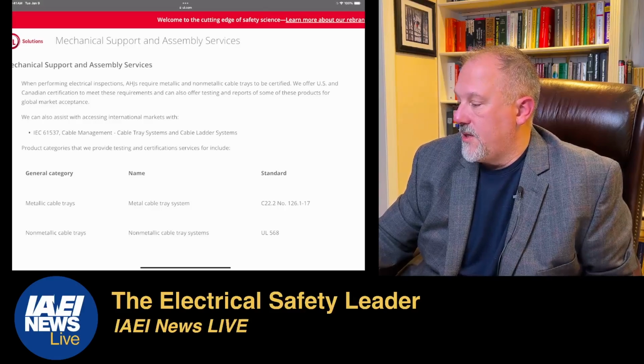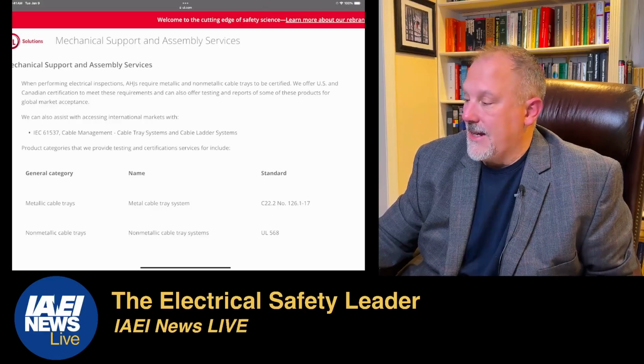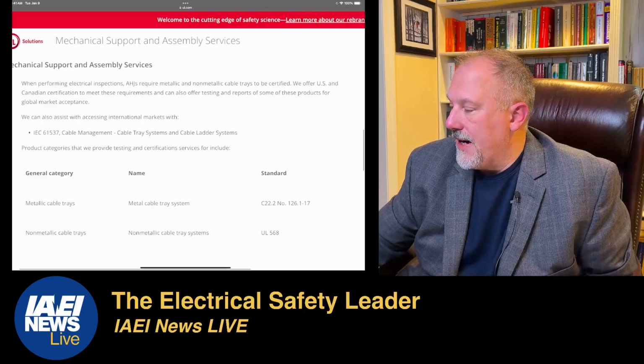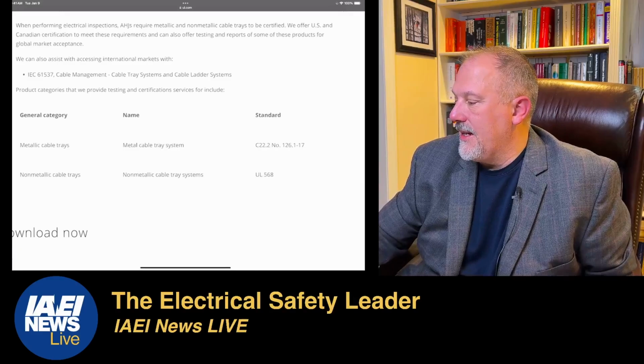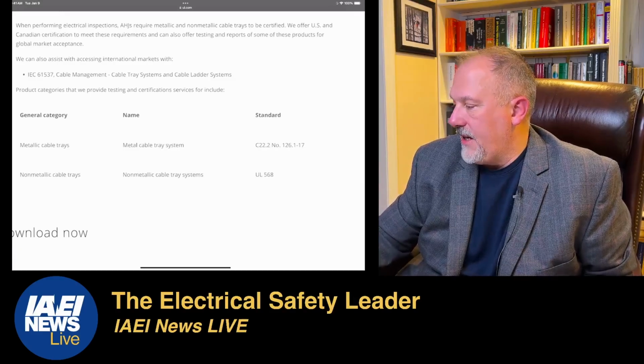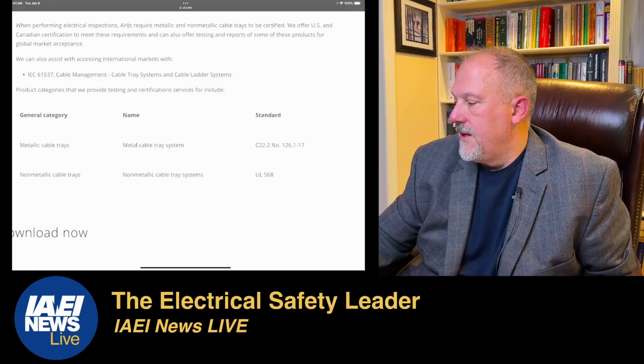We can also assist with accessing international markets with IEC 61. So you have non-metallic cable tray systems as UL 568, and metallic cable trays is C22.2 number.